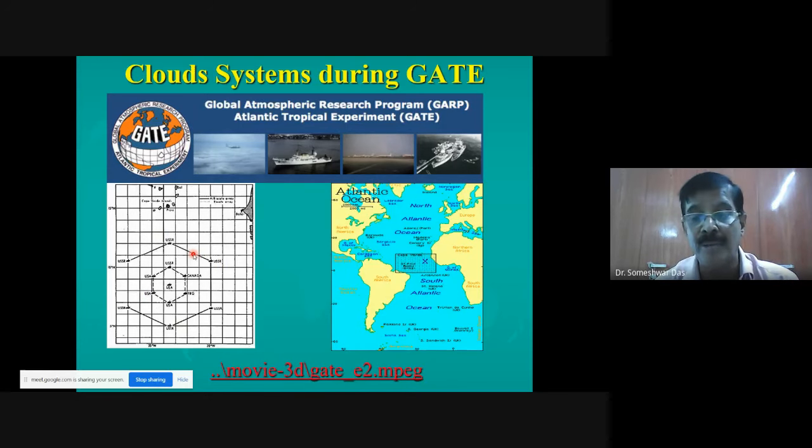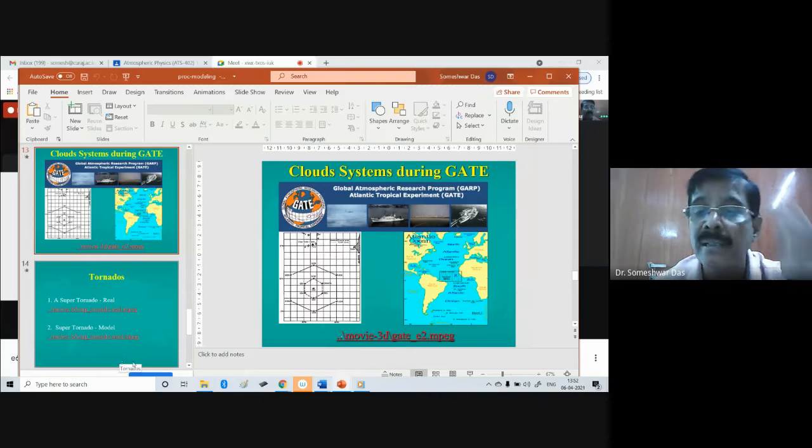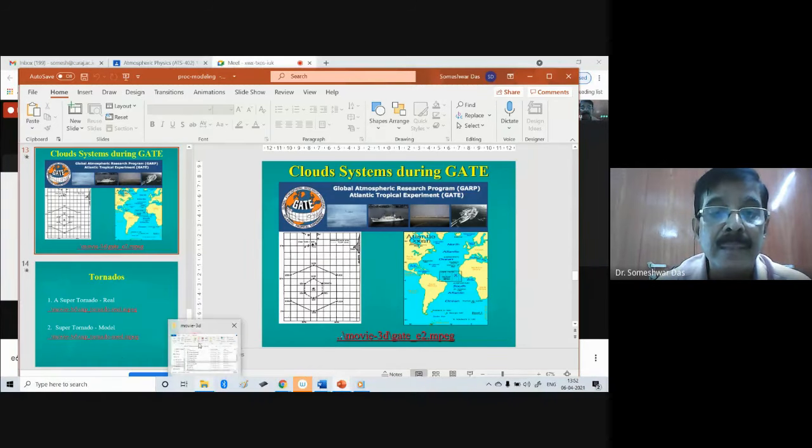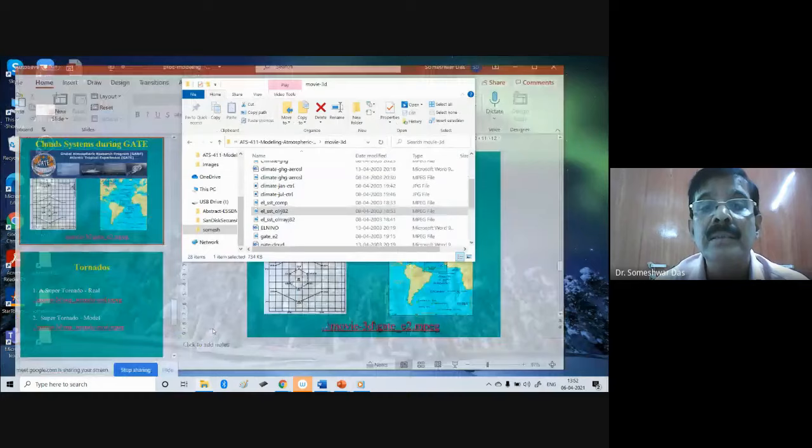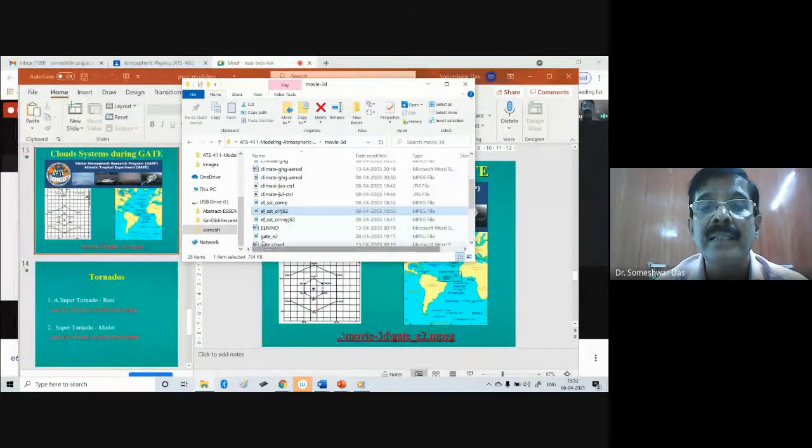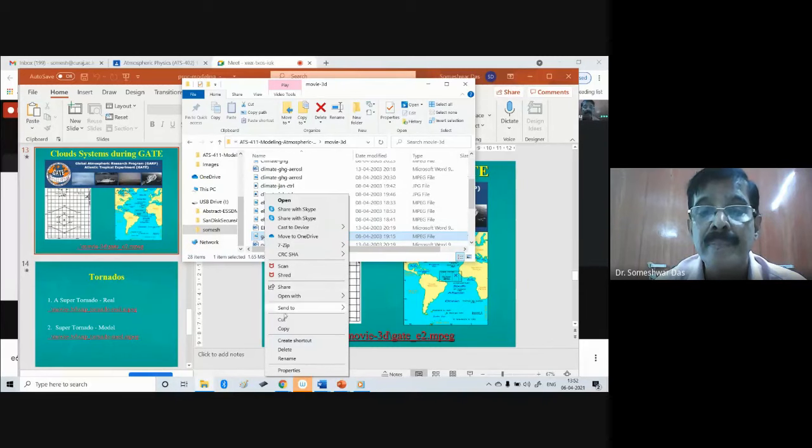Now I'm going to show you one example of the simulation of deep clouds over the GATE using those data. All right, so let me find the GATE E2 MPEG. I think this one.